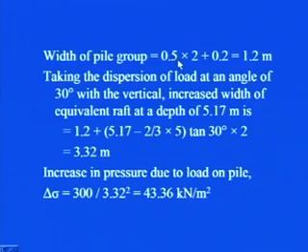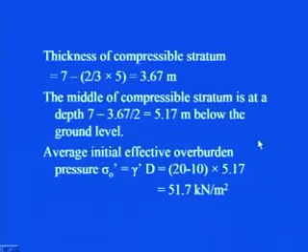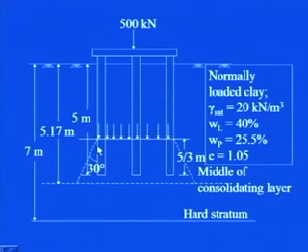Width of the pile group, exactly in the similar manner as you found out in the last example, is 1.2 meter. So, if you take the dispersion of load at an angle of 30 degree with the vertical, the increased width of the equivalent raft at a depth of 5.17 meter can be found. You see here in this figure, you take this dispersion to be 30 degree.